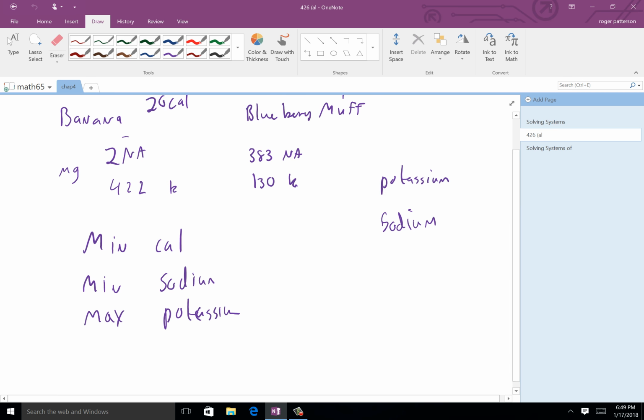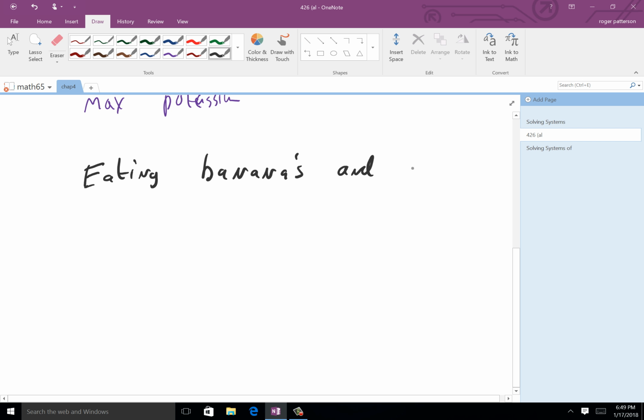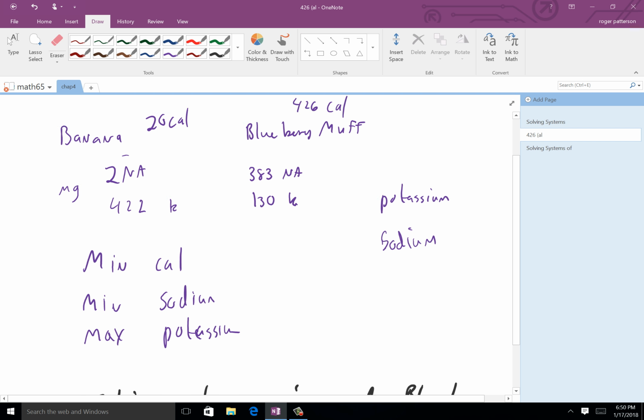I have a meal. So someone is interested in eating some bananas and a blueberry muffin. Okay, so in this bananas and blueberry muffin diet, here's some information.